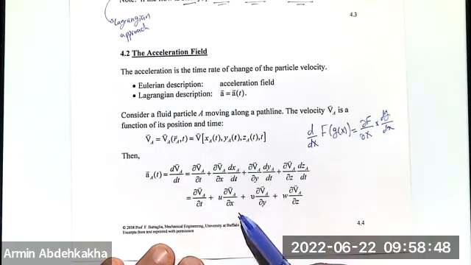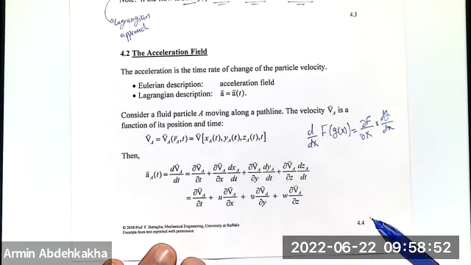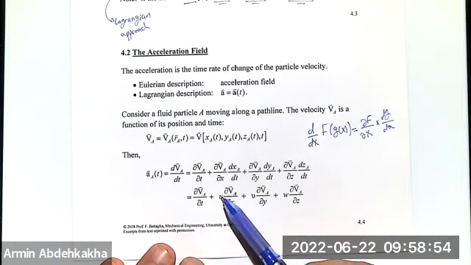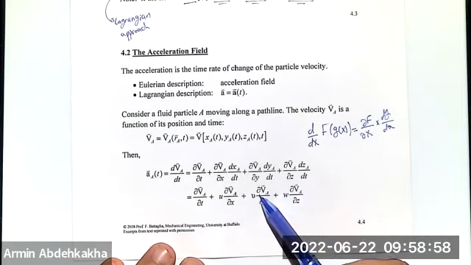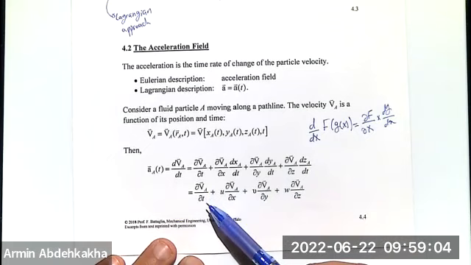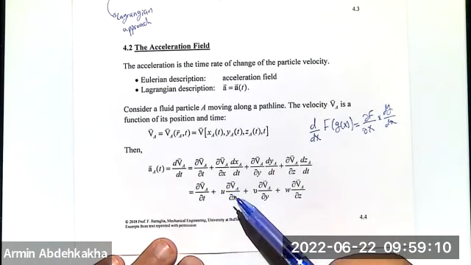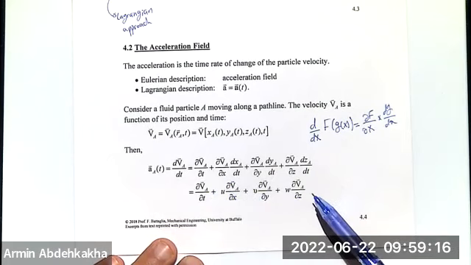And then you can say that, okay, I know what dx_a over dt is, because it is going to be your component of velocity, u. dy over dt is v, and dz over dt is w. Then you can rewrite the equation as partial v over partial t, the derivative of velocity versus time, plus the velocity components times the derivative of velocity versus the directions, right?